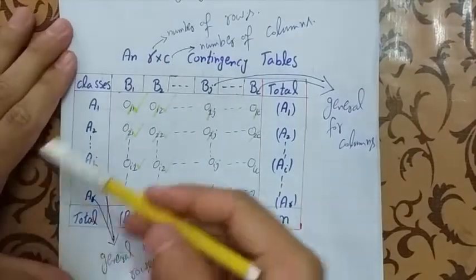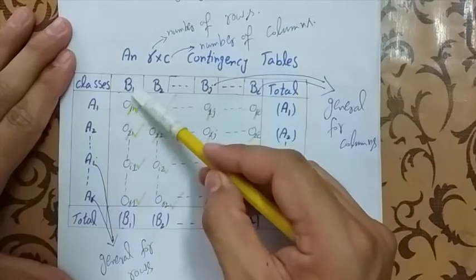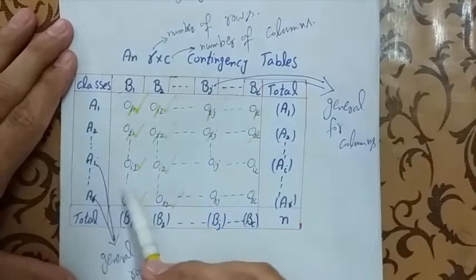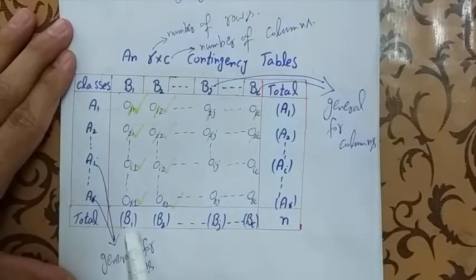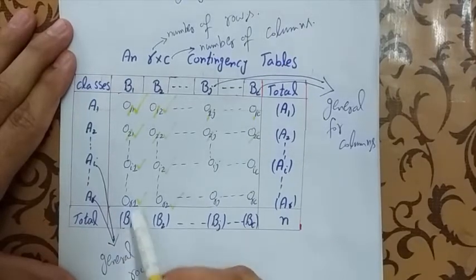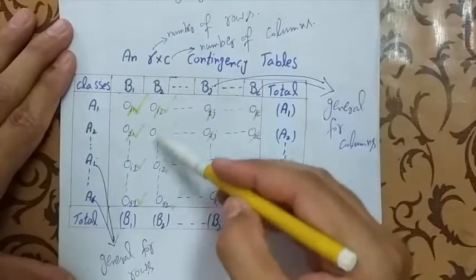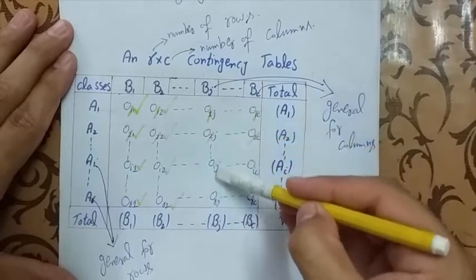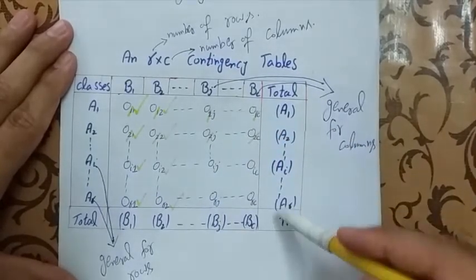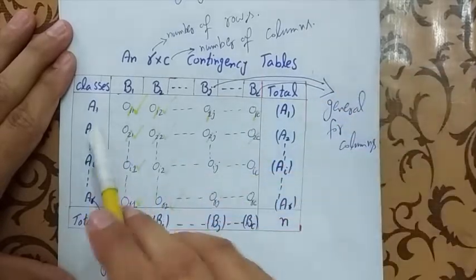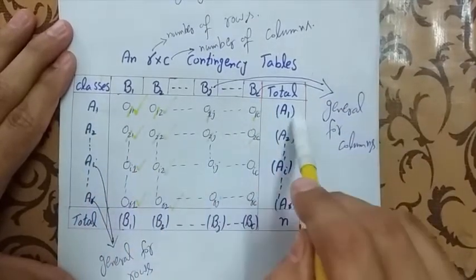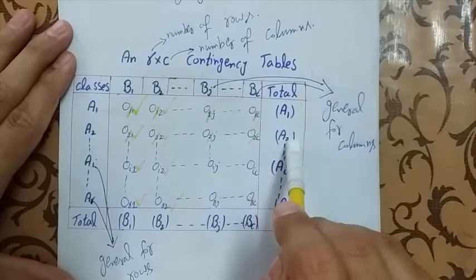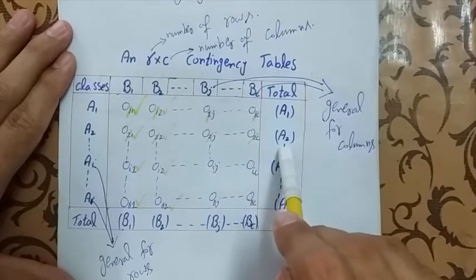But students, B1 bracket is the total of the first column, right at the bottom. Bracket means the total of the first column, and here B2 bracket shows the second column total. BJ bracket shows the J column total, and so on. Similarly A1 bracket shows the first row total, and A2 bracket shows the second row total.